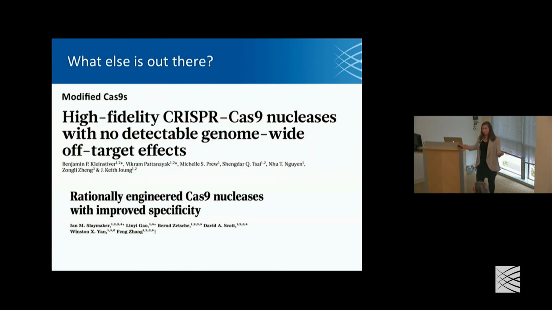So there are many components of the CRISPR system that one can modify, the idea being that you want to increase your on-target activity while mitigating any off-target effects, which can be problematic when you're screening with CRISPR knockout. So people have proposed modifying the Cas9.